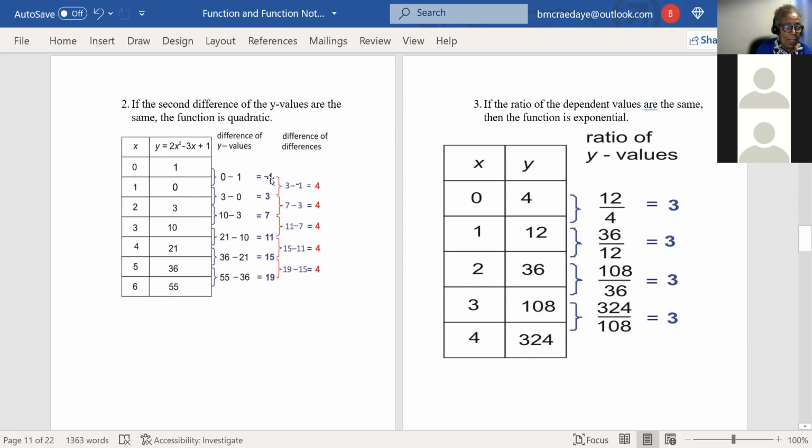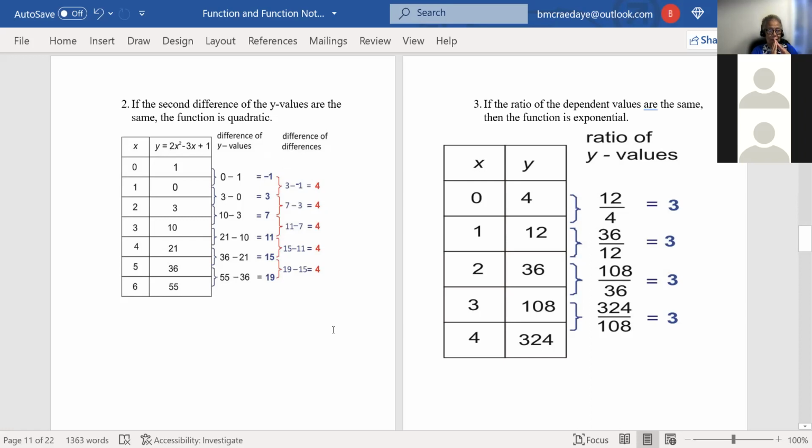Now, these are all different. If you take these values and get the difference, then if they're the same, then it's quadratic. So 19 minus 15 is 4. 15 minus 11 is 4. 11 minus 7 is 4. 7 minus 3 is 4. 3 minus a minus 1, which is 3 plus 1, is 4. So since the second differences are all the same, this is quadratic.